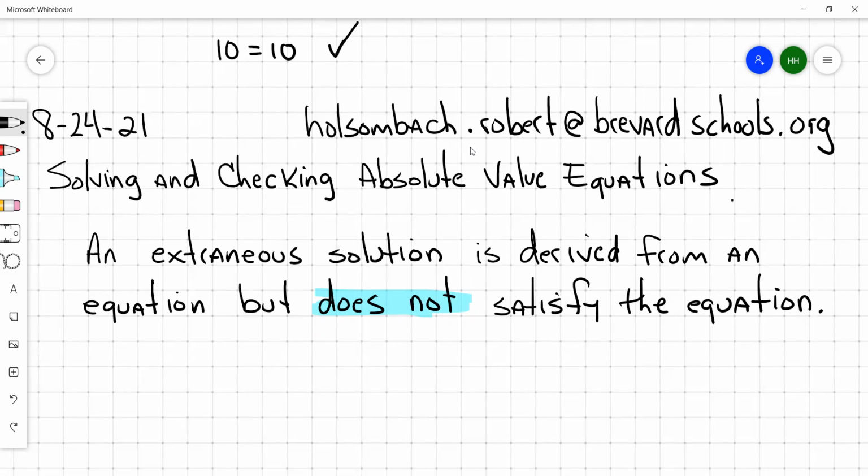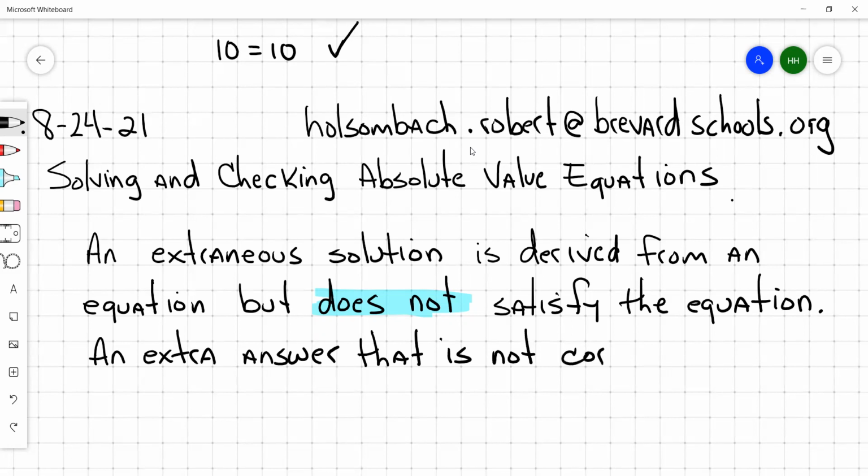The way I remember extraneous solution, I remember it as an extra answer. Extraneous starts with the word extra.